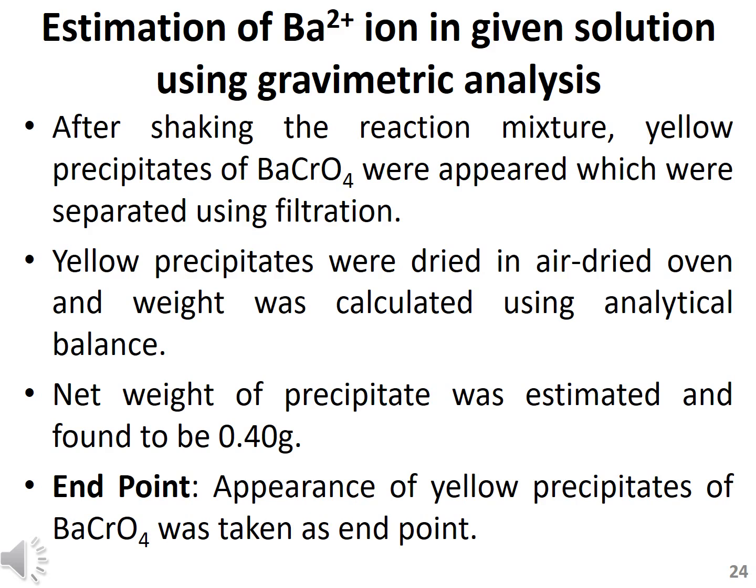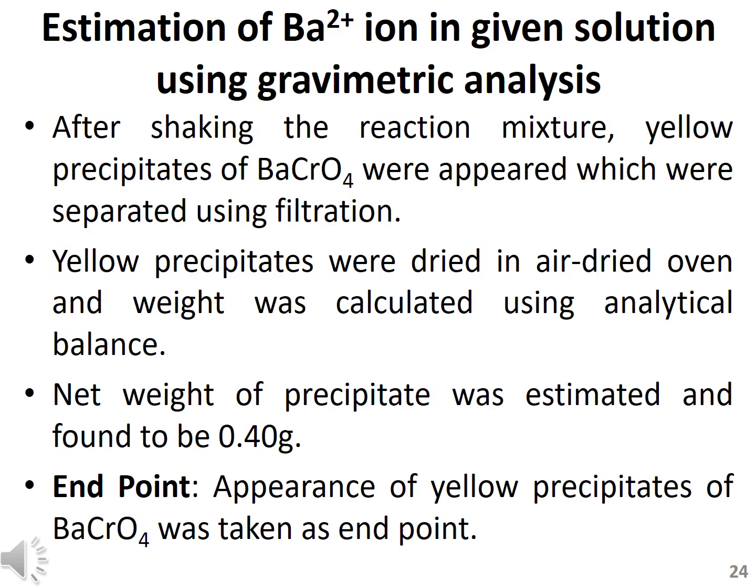This is a case study. We processed this experiment in the lab, and these are the results of our lab experiment. We have 0.40 gram of barium chromate. What would be the end point of this barium ion estimation experiment?